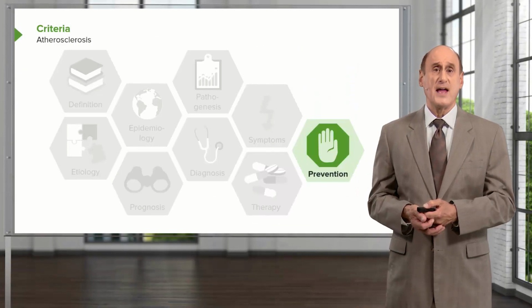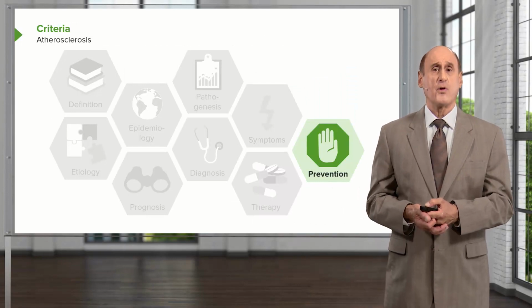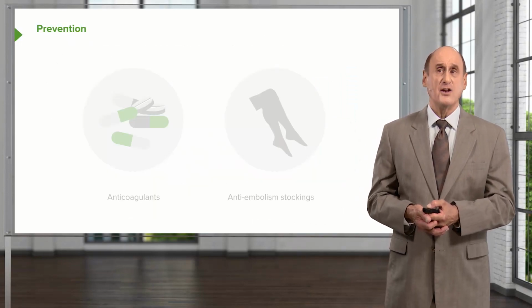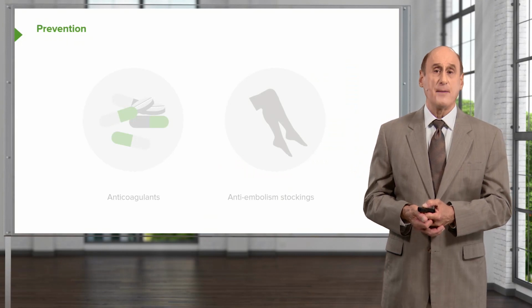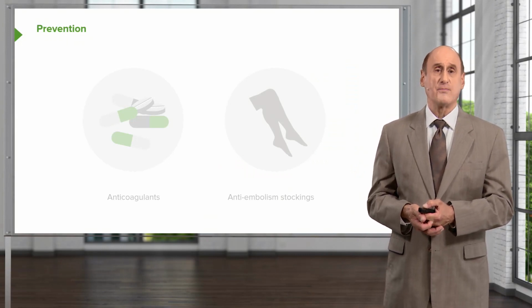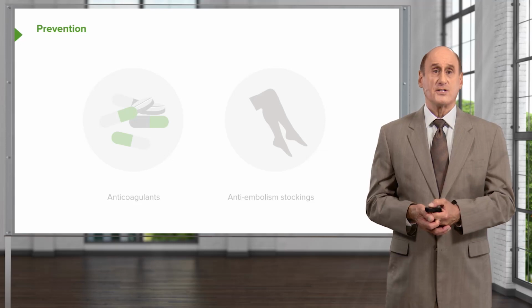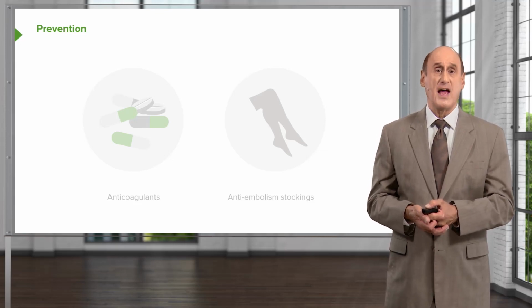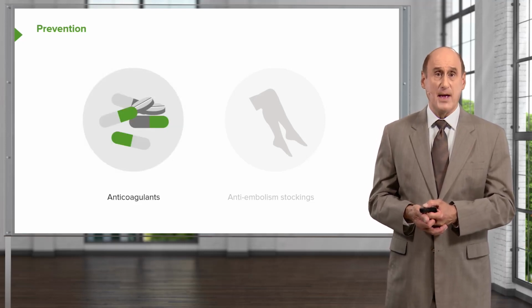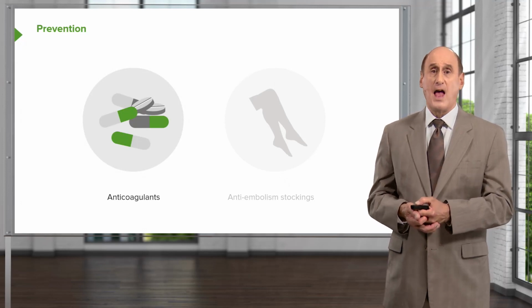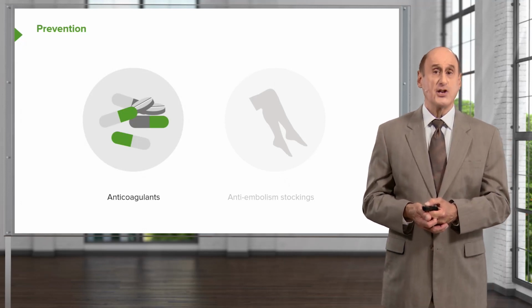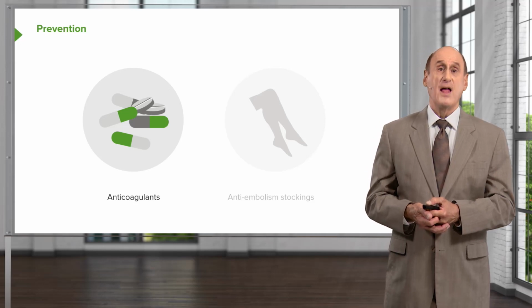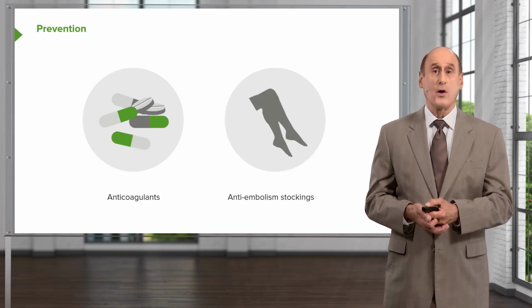In terms of prevention, of course, we want to try and prevent injury to the vein. We want to try and prevent hypercoagulability, and we want to try and prevent stasis. Some patients who are high risk will have anticoagulants after delivering a baby, postpartum, and early ambulation after surgery. Anti-embolism stockings, we've talked about that, the compressive stockings.